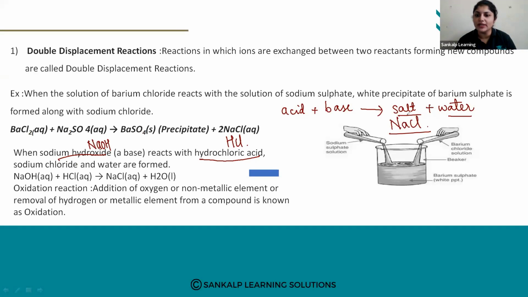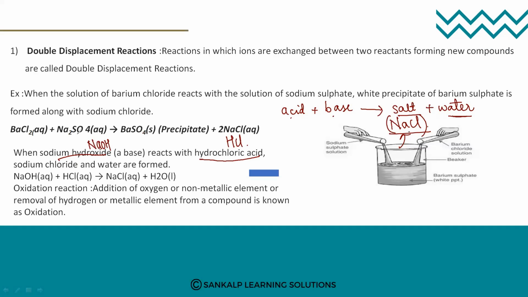It is commonly called sodium chloride. So sodium chloride is a common salt, which we use in our cooking, right? It is nothing but your daily common salt. Common salt is nothing but your NaCl. So always when acid and base react, it forms NaCl and water.